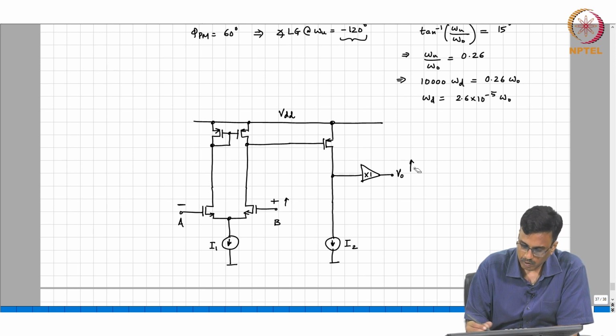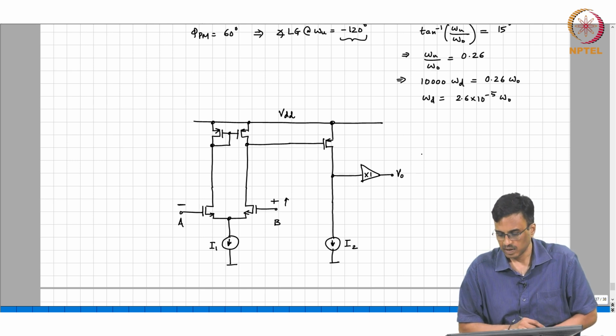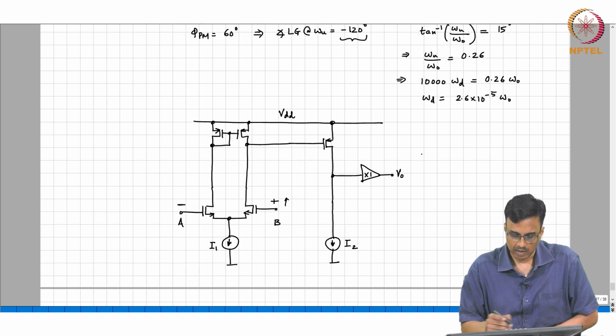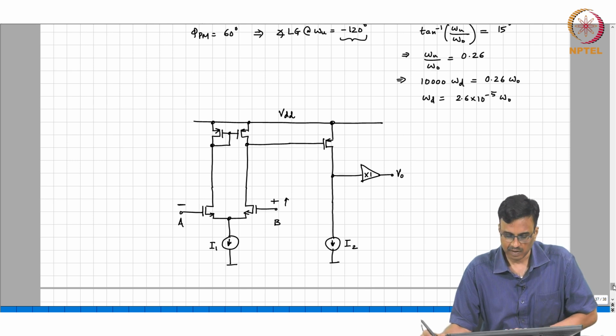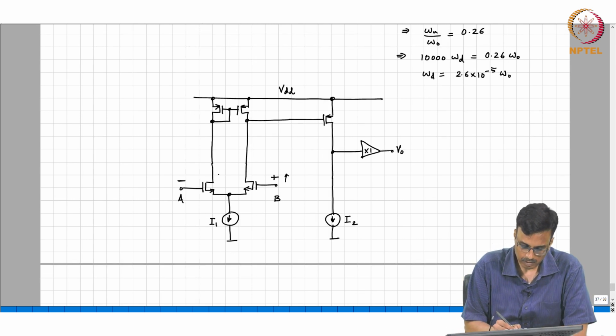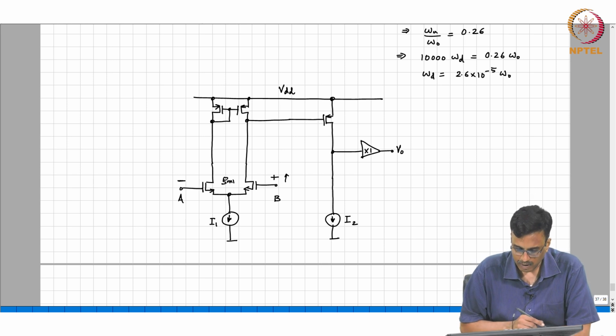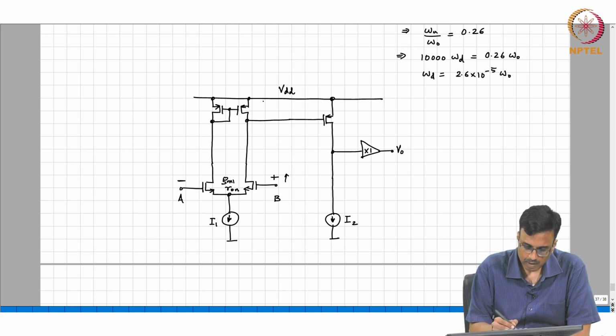Okay. So, and remember, let us assume that the output resistance of a NMOS transistor is, so let us call that RON, the GM of each of these NMOS transistors is GM1, and ROP is the output resistance of each of these PMOS transistors.